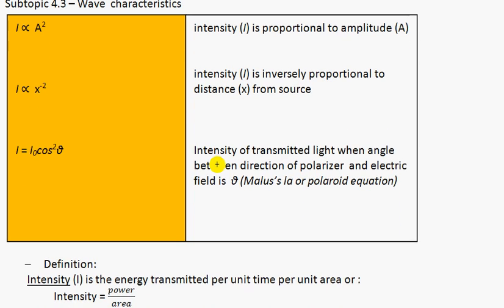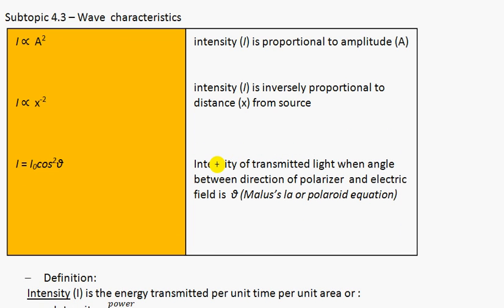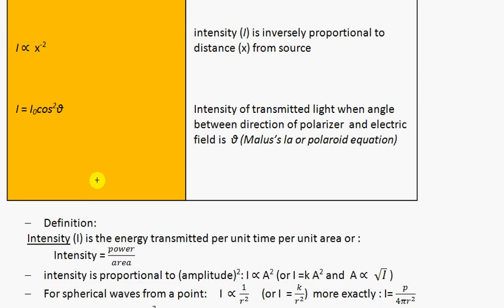Wave characteristics. Intensity of a wave is proportional to the square of the amplitude, inversely proportional to the square of the distance from the source, and if you have a polaroid, depends on cosine squared of the angle between the line of the polarizer and the electric field of the light.